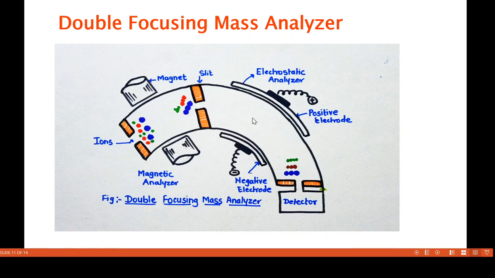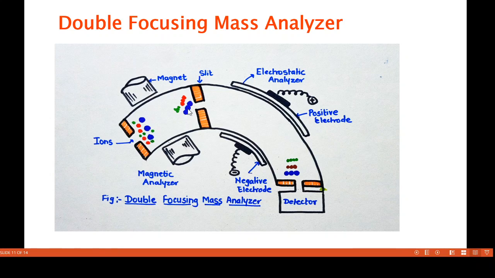And when they come to this side, what happens? They are in the same line. They are aligned. These ions are in the same line and they get detected in the detector. Due to this alignment, we get a sharp peak. While here, they are not aligned, so first this molecule reaches, then this one and this one.